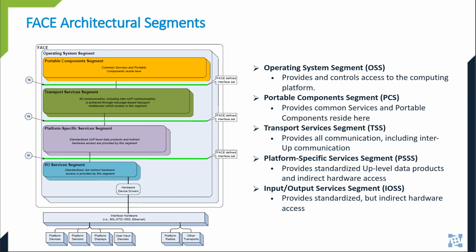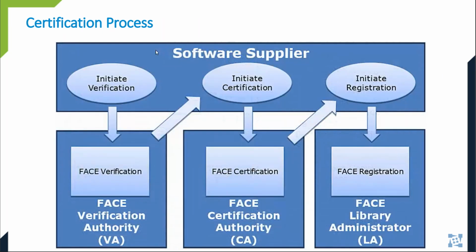So I'm going to now talk a little about the certification that I've been mentioning. The Open Group FACE consortium has a well-defined conformance program and process for software suppliers to follow. First step is for the software supplier to submit a unit of portability to the verification authority.